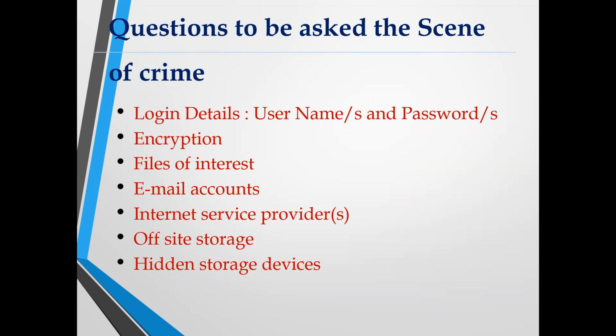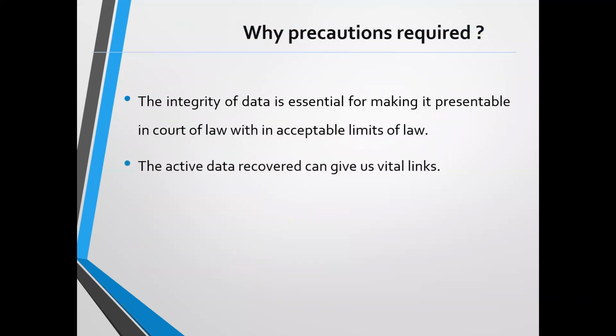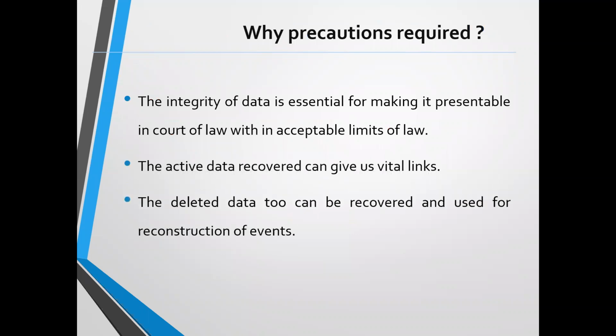Hidden data, because we've seen that there are allocated spaces and unallocated spaces, and people are forever hiding this information. Precautions to take, we've seen integrity is one of them. There is active data that is bound to get lost, the volatile data, and we shall look at some software in this course that picks up on any information that was not saved.